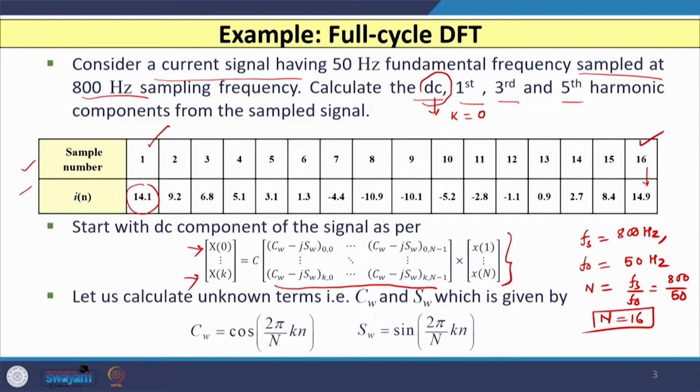Let us first calculate the unknown terms of the weight matrix, that is CW and SW. We know that CW is given by cos of 2 pi by N k n and SW is given by sin of 2 pi by N k n.